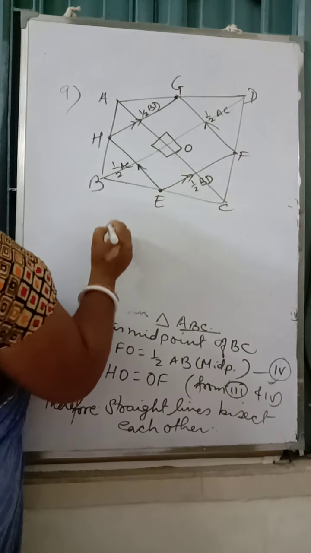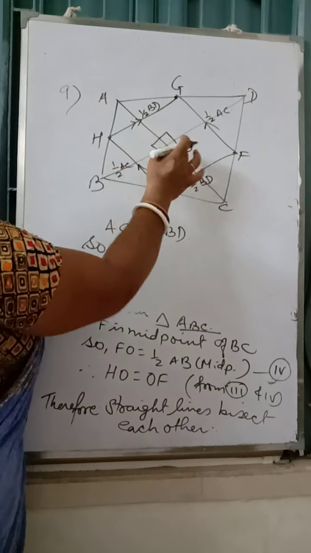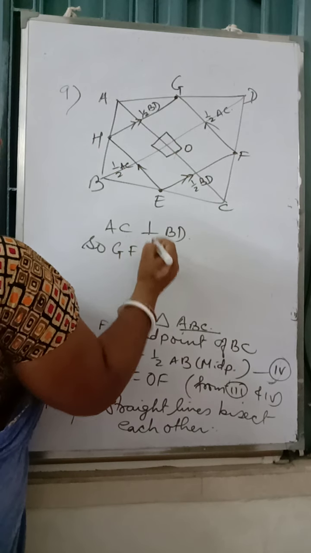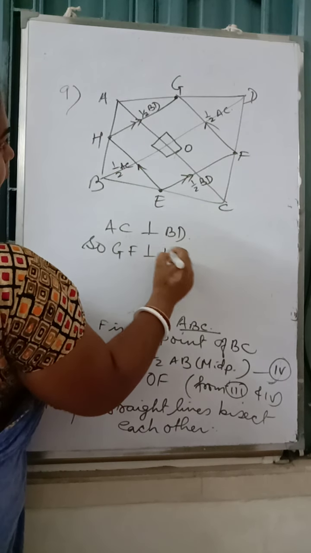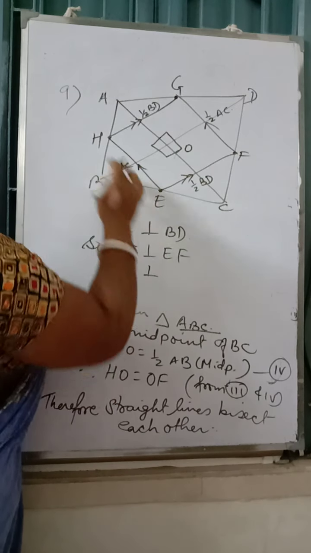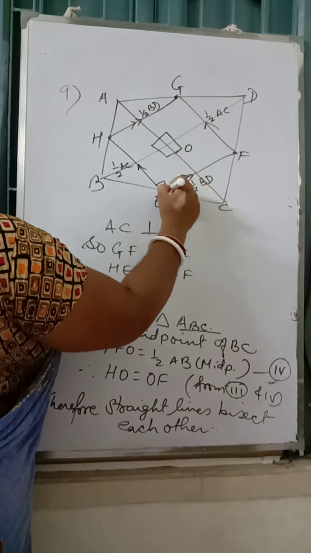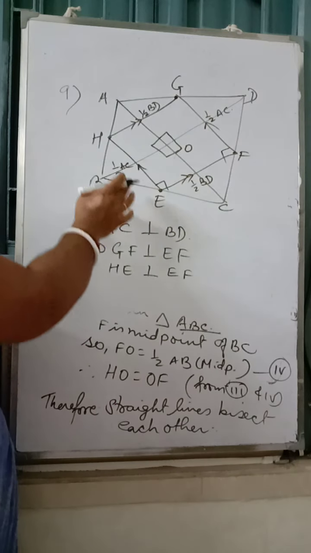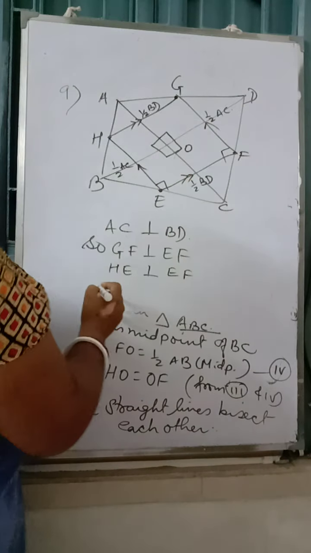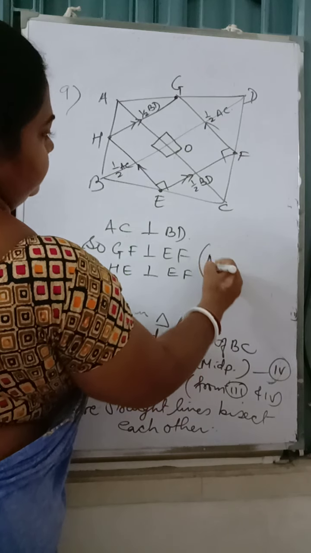Now as AC is perpendicular to BD, AC and BD are perpendicular on each other. Therefore GF would be perpendicular on EF and HE would be perpendicular on EF. So this is 90 degrees, this is 90 degrees. So what would this be also? This is parallel.